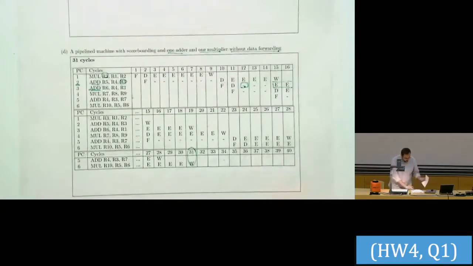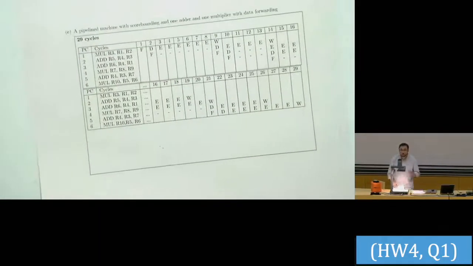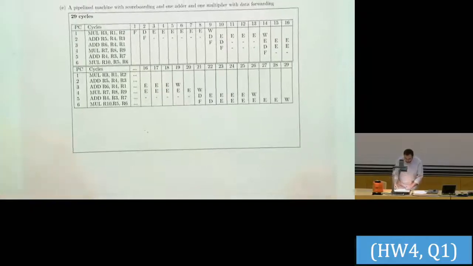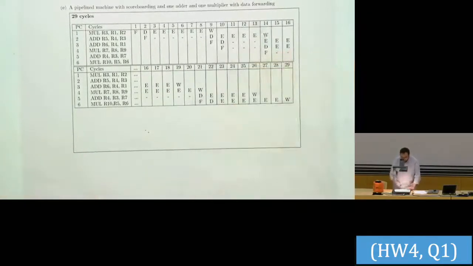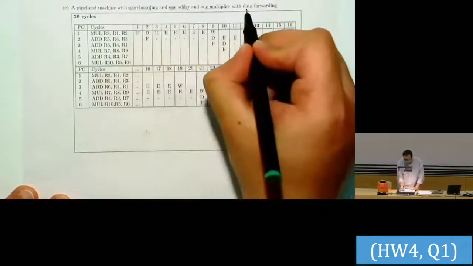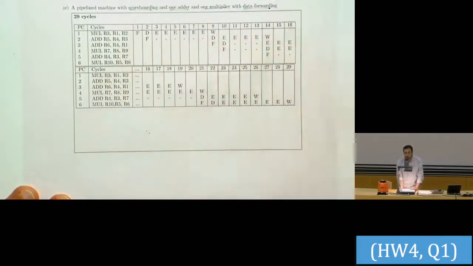And the last question is, if you do not have, do you have a question? Okay. So the last part, the same story. We have scoreboarding, 1 adder, 1 multiplier with data forwarding.